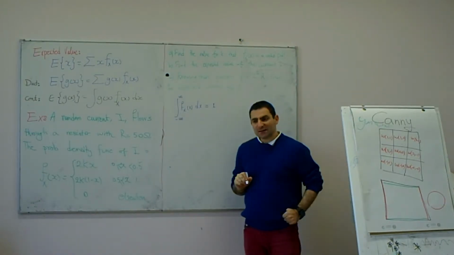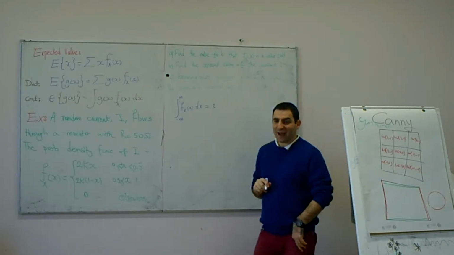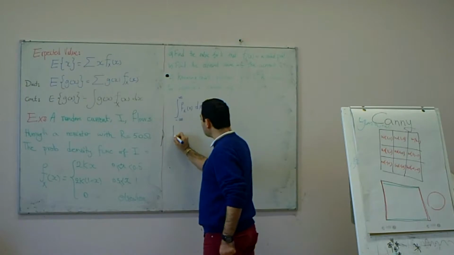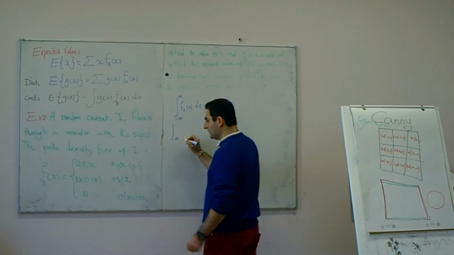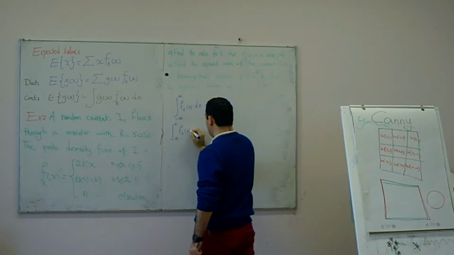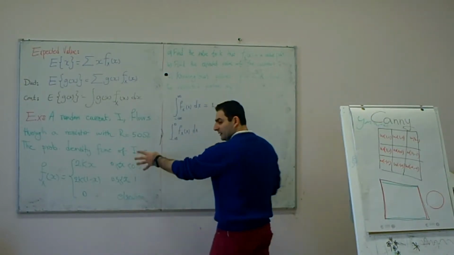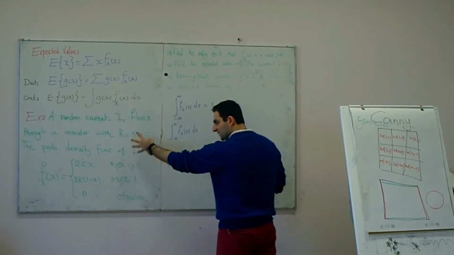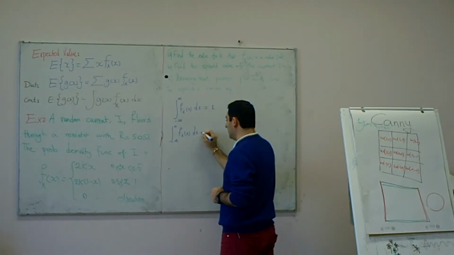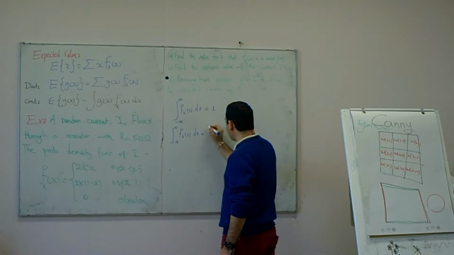There are two ways to solve a question like that. One of them is this. Integral from minus infinity till 0, then I divide my integral into categories mapping to the piecewise function that we have.